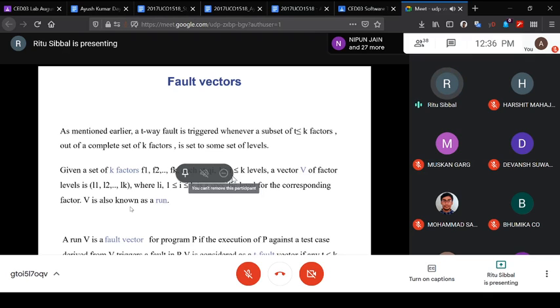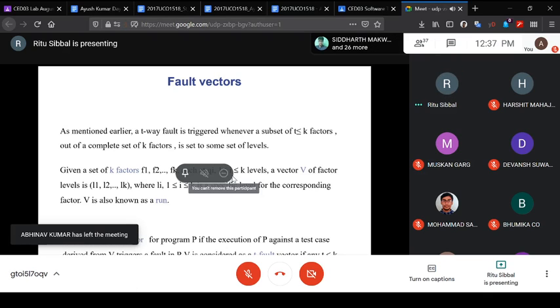So if, अगर हमारे पास 5 factors हैं और suppose 2, 3 values ले सकते हैं, तो एक जो particular configuration होगी, that is called a run of the values. Now this run is categorized as a fault vector. So run तो हो गया array of values which that factors can take.